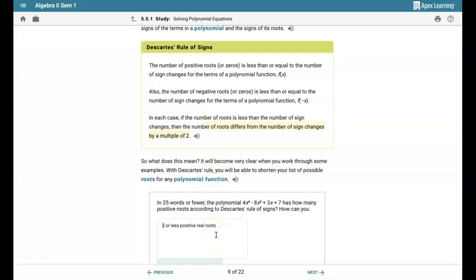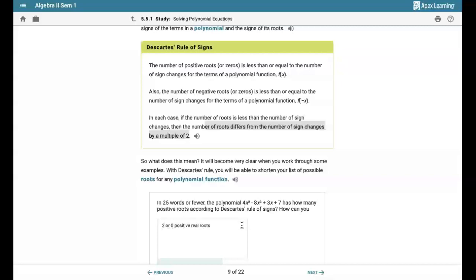So if we had the positive of our complex, we'd have to have the negative. Those theorems we just went over. So in this example, if I don't have 2, then I'm either going to have 2 or 0 positive real roots, because if it's not real, that means it has to be imaginary.